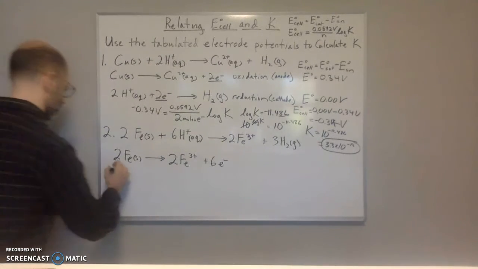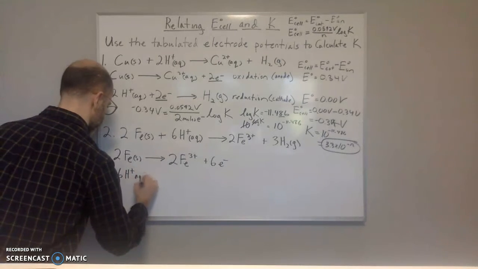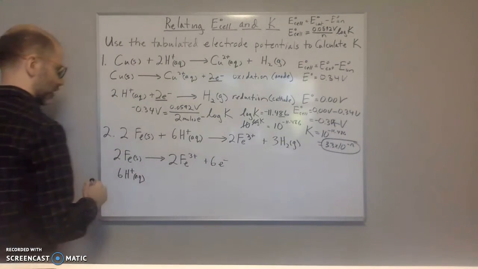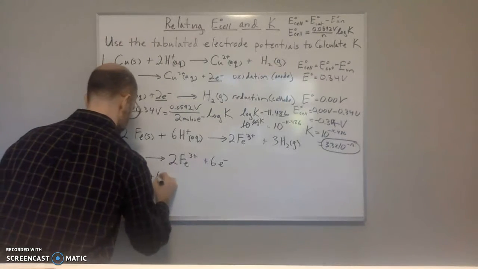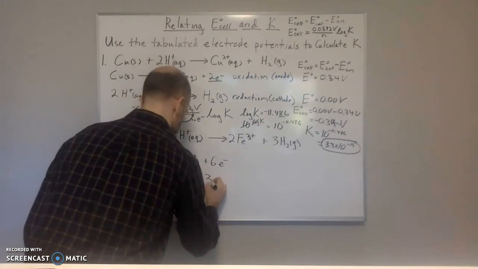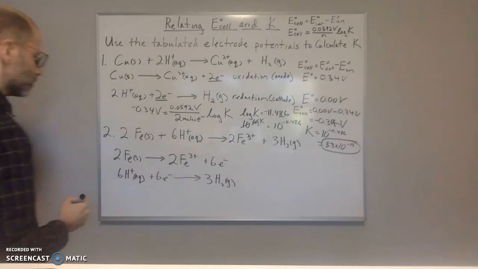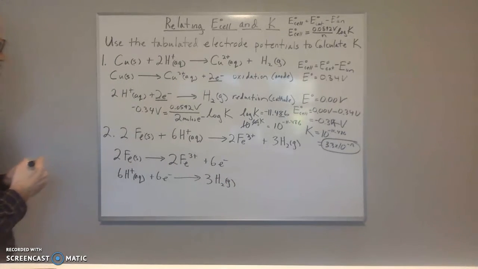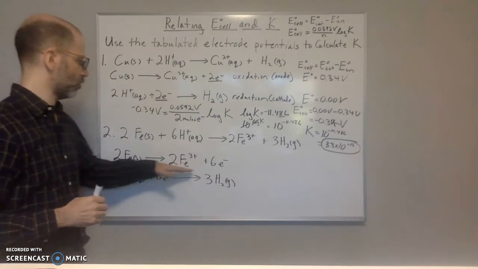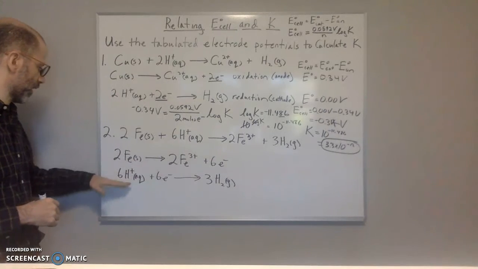So here we have 6 hydrogen plus aqueous. We're going to gain 6 electrons to get the 3 hydrogen, so that's plus 6 electrons, and that's going to give us 3 H2 gas. And so now we're going to look up the electrode potentials for these 2 half reactions.